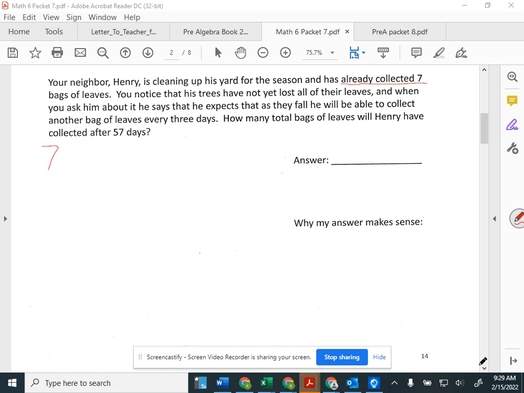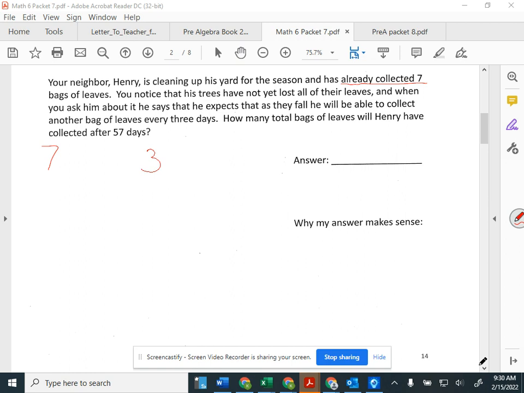So we've got that 7 bags sitting right there. You notice that his trees have not yet lost all of their leaves, and when you ask him about it, he says that he expects that as they fall, he will be able to collect another bag of leaves every 3 days. How many total bags of leaves will Henry have collected after 57 days?